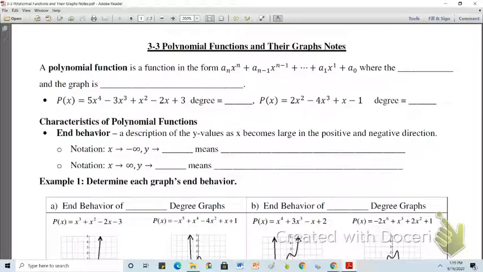Today we're going to be working on 3 polynomial functions and their graph. Remember, a polynomial function is a function in that form where the degree is n, and remember, back from 3-1, when we talk about degree, that is your highest exponent.